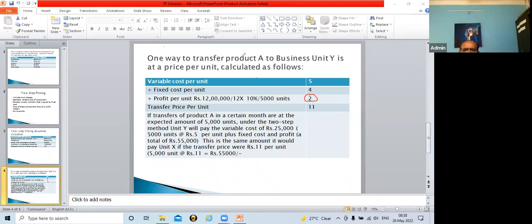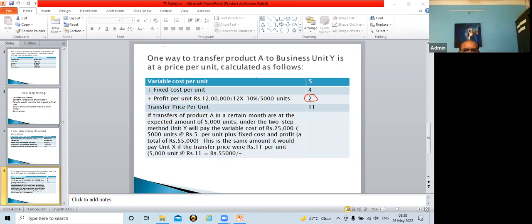Unit X will transfer its product to unit Y at the rate of rupees 11. Now, understand this line also. If transfers of product A in a certain month are at the expected amount of 5,000 units, under the two-step method, unit Y will pay the variable cost, rupees 25,000, that is 5,000 units at the rate of rupees 5 per unit.